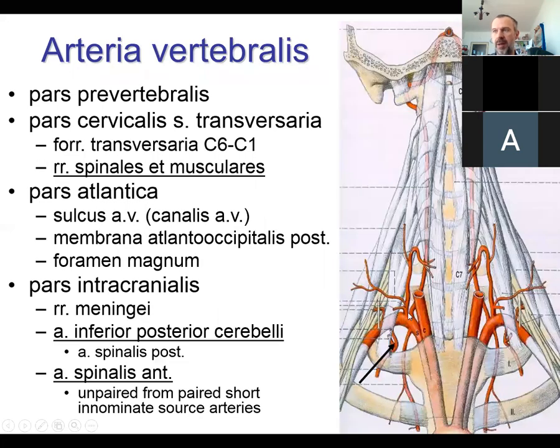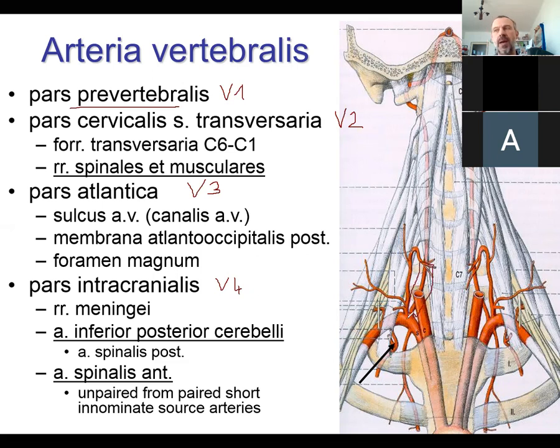So let's talk about the vertebral artery. The vertebral artery ascends along the whole cervical vertebral column. We can distinguish four parts, which we also give abbreviations: V1, V2, V3, and intracranial V4. The V1 is called the prevertebral part, is here, and there is nothing interesting.